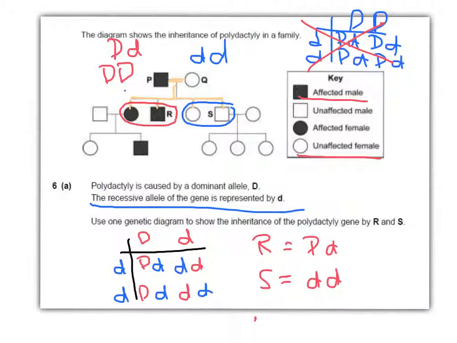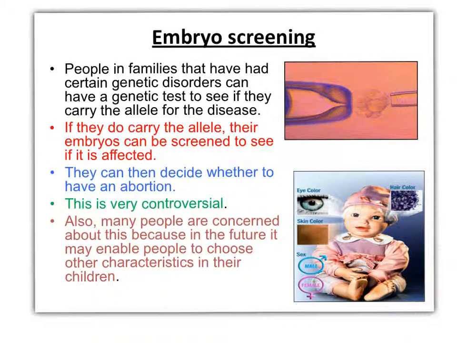Okay, I know this is a very long video, but this is the last thing I want to talk to you about. Obviously genetic diseases run in families, and now there are genetic tests to see whether or not you are carriers for the allele, and therefore whether you could potentially pass it on to your offspring. There are a couple of things that can happen.